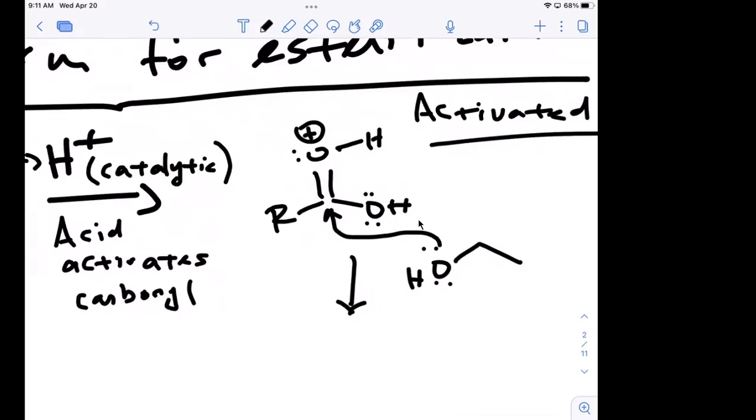Anytime you add to a pi bond, remember from part one, it's addition, right? You can't do substitution, even though sometimes it might look like a substitution. Like in the end, this is going to look like a substitution. In reality, it's addition followed by elimination, right?